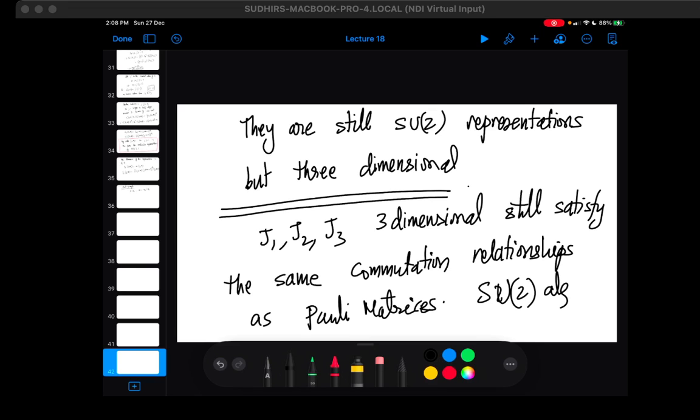These just satisfy the SU2 algebra. There are no three-dimensional matrices here which satisfy something other. They don't satisfy other things. We'll see some other examples and what is the difference between those things.